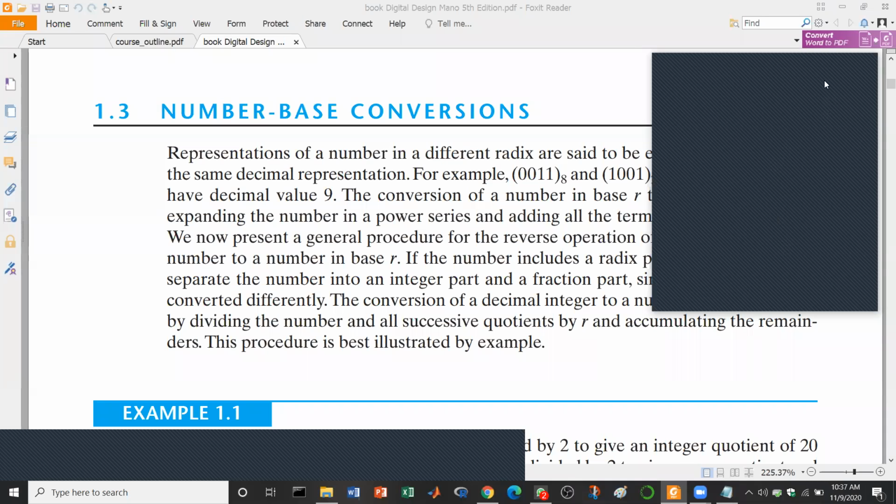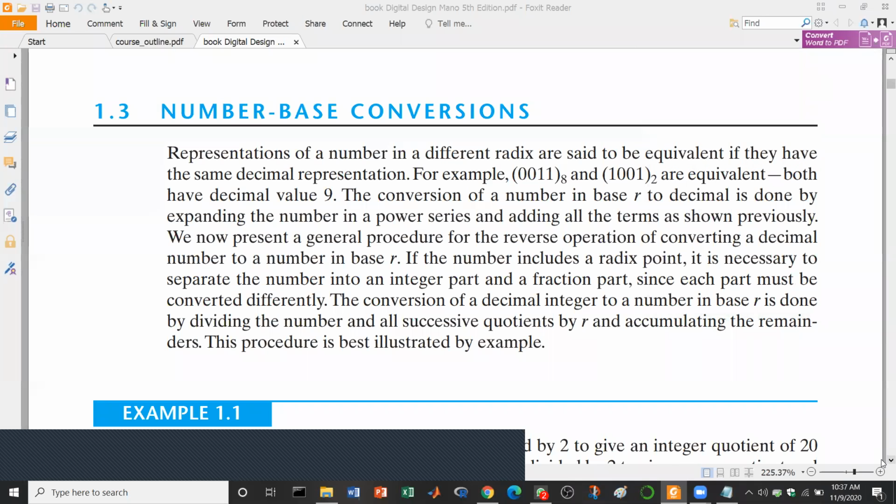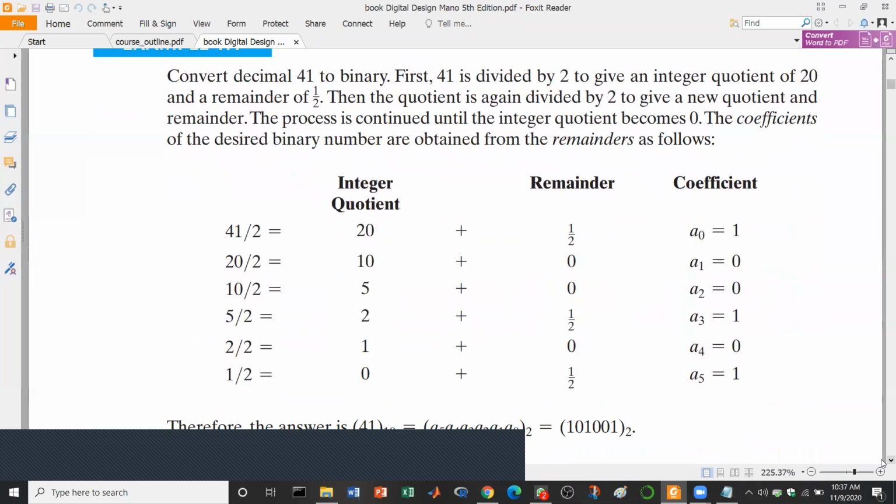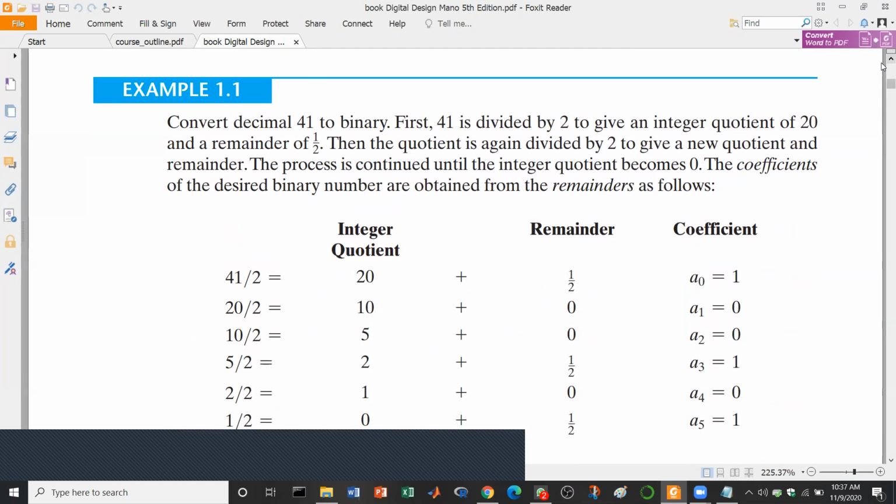Now moving ahead, first of all, in this example we want to convert a decimal number, 41, to a binary number.